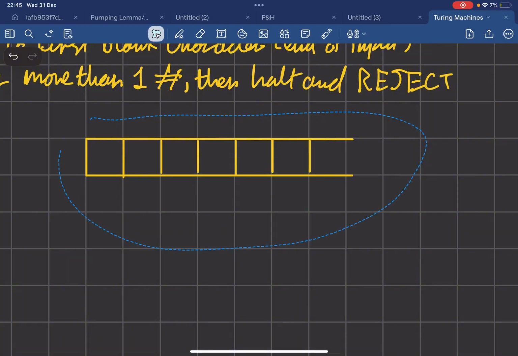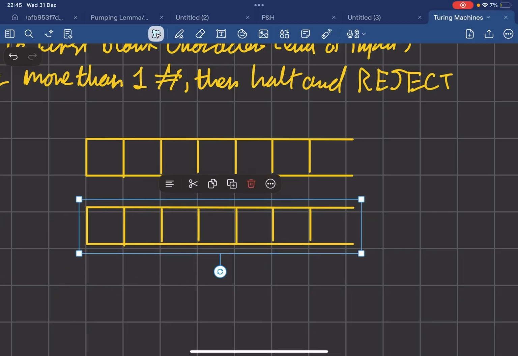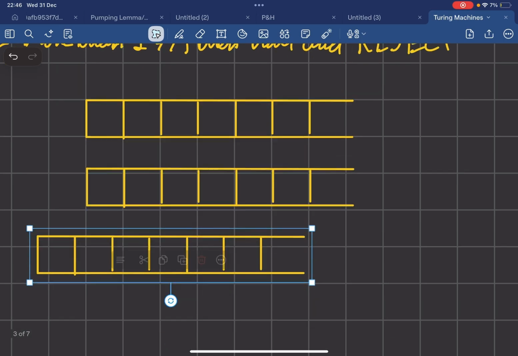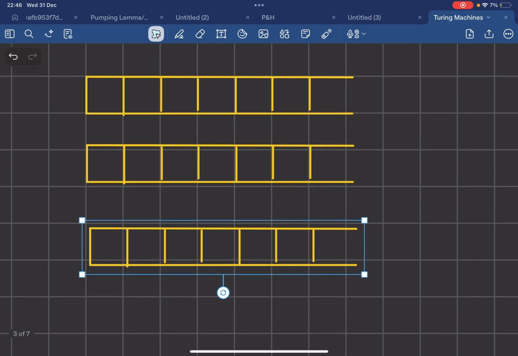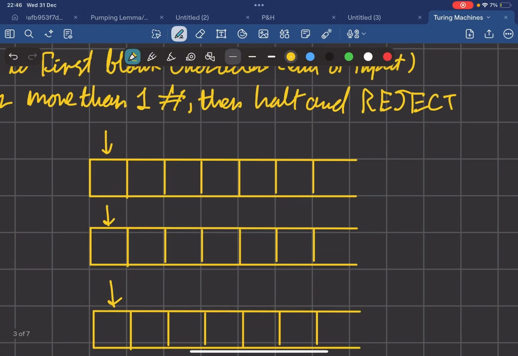So what I want to do is to have two extra tapes. Each of these tapes has a separate read head, and the Turing machine can access all of them at the same time. Let's say our input was this.